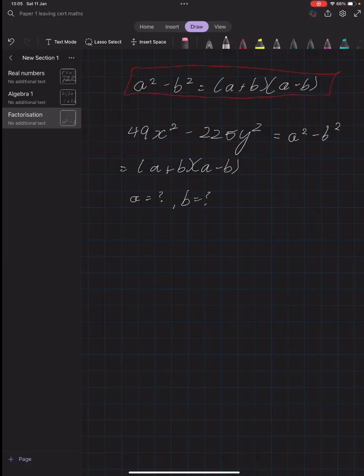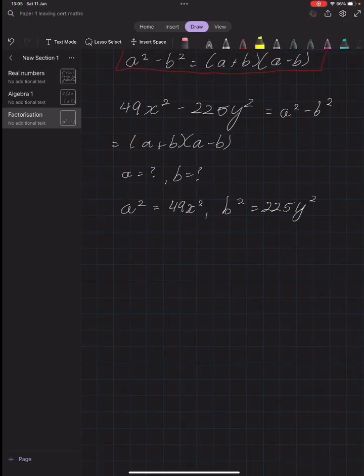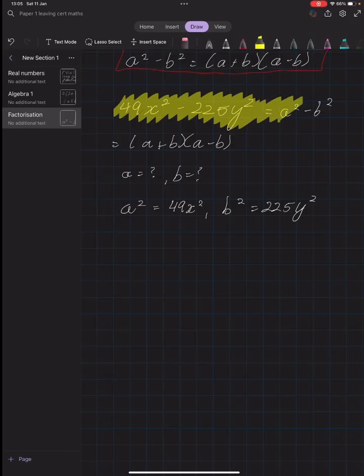A foolproof way of doing this is just taking the square root. We know that a squared is going to be equal to 49x squared, and b squared is going to be 225y squared, from this expression here.